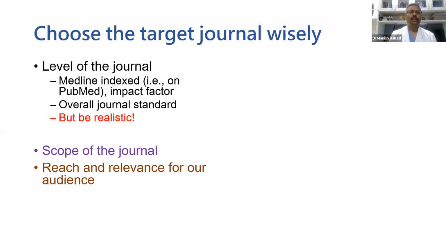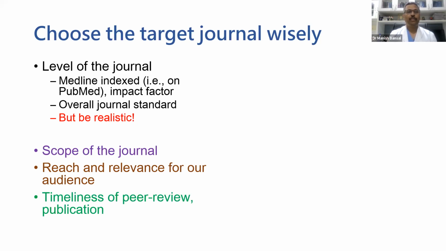So, for example, if I have a good case report and I try to publish it in some Japanese journal or some Gulf journal or Italian journal, just because those are international journals, it may not have the desired impact on our peers. And for some specific work like guidelines or data which is originating from India and is relevant for the Indian population, there's obviously no point going for international journals.